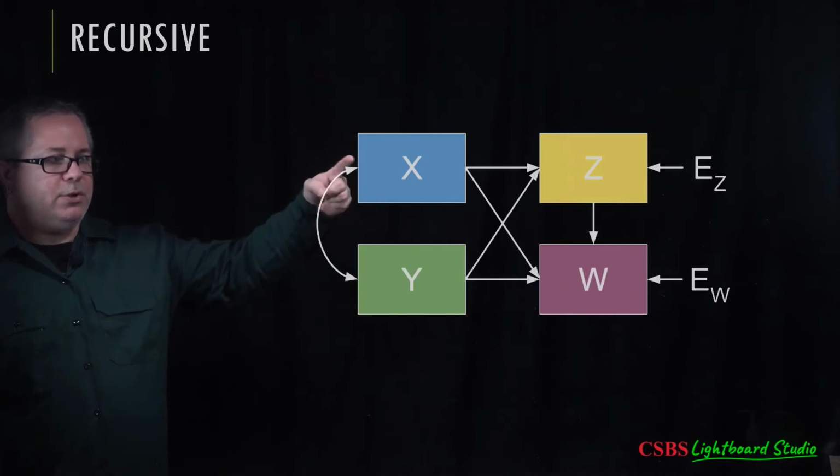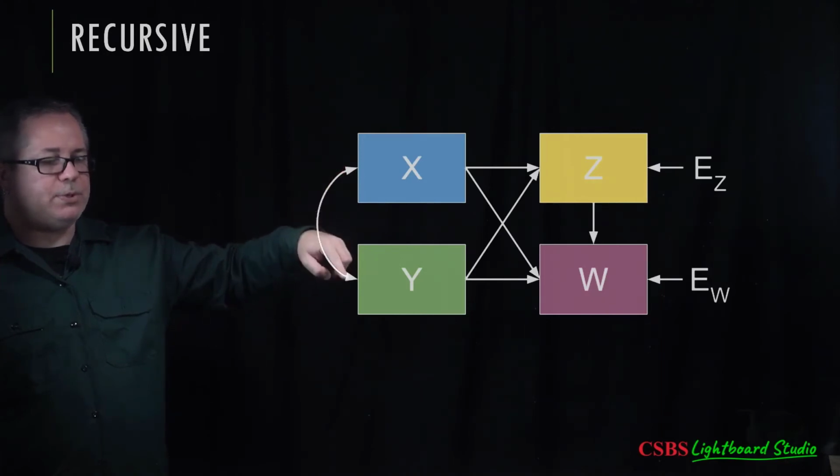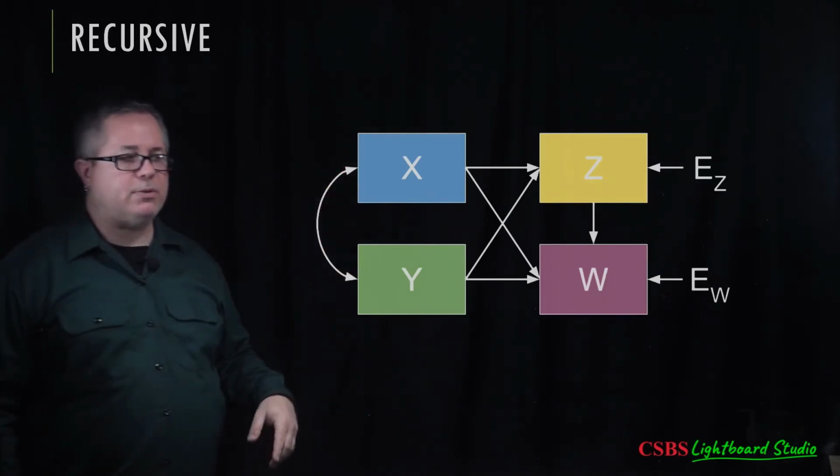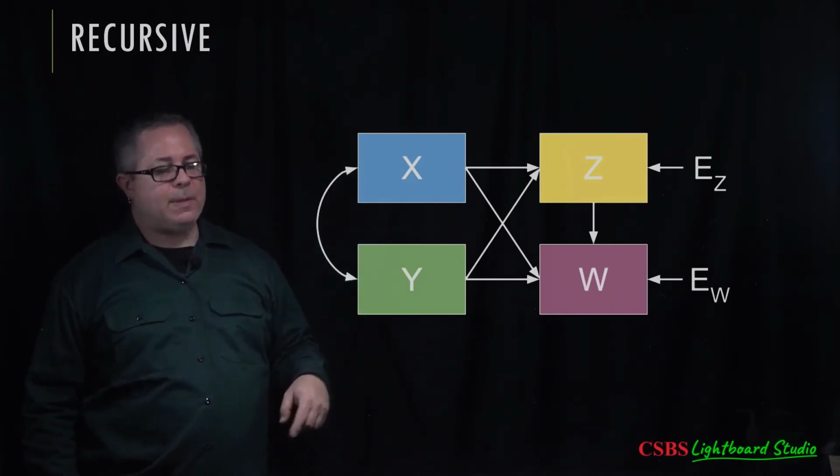You can ignore this one because it's double-headed. It's just saying these two things are correlated, which in a regression model is what we'd assume anyway, that the predictors are correlated. We're going to try to control for that.